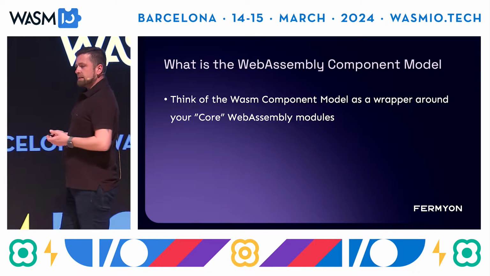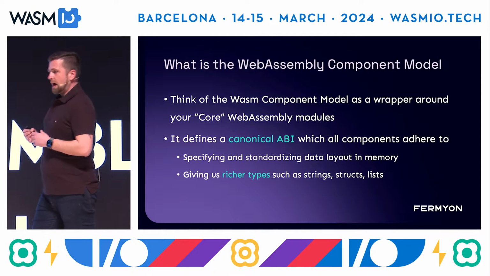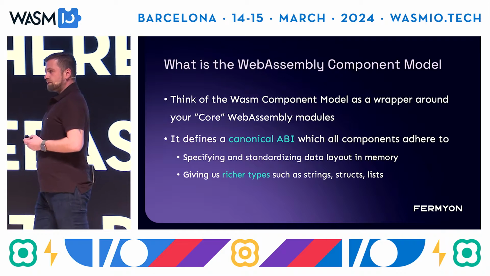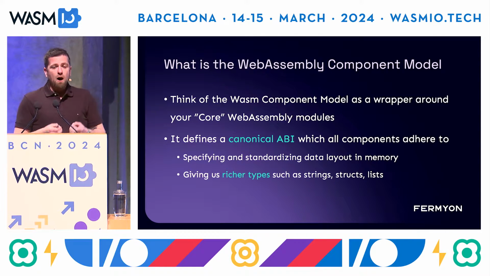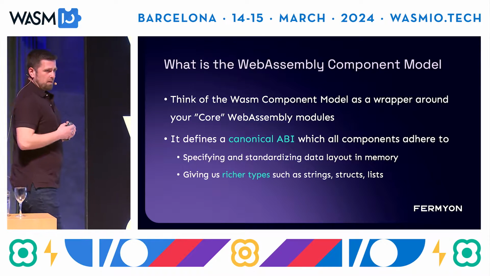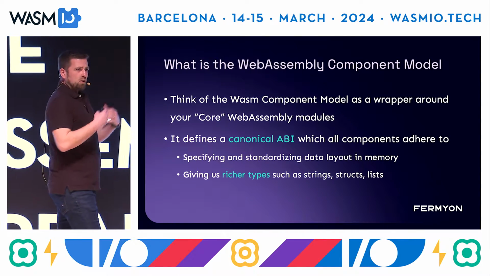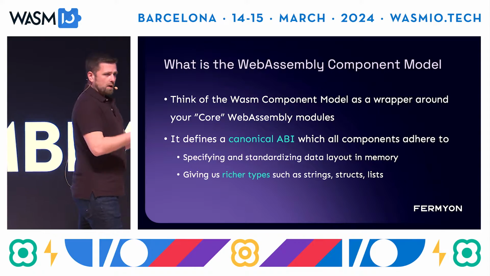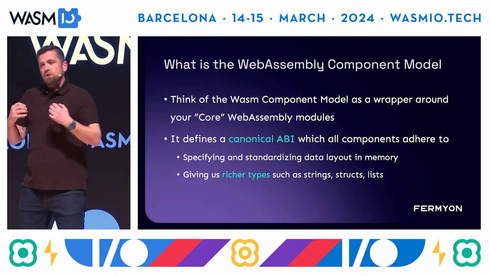And that proxy takes care of defining a so-called canonical ABI, which takes care of specifying and standardizing how data is laid out in memory in a unified way that all languages adopting the component model agree on. And this ultimately gives us a richer type system.